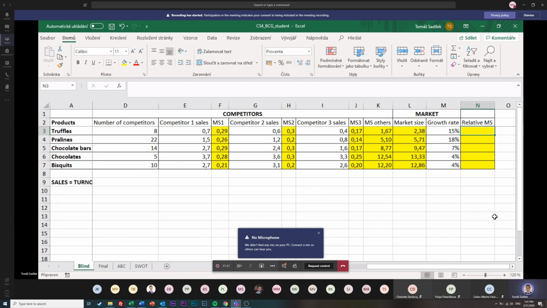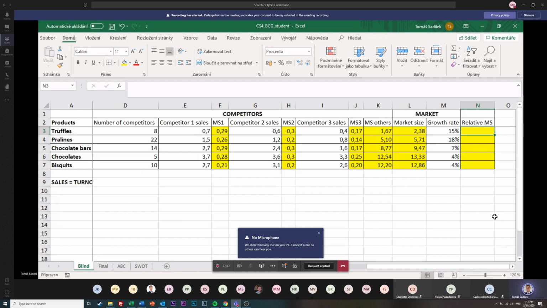Excuse me, can we double check column H? Because, for example, in column E, I'm sorry, we have 0.7 divided by 2.38, it gives us 0.29, and then in the column G we have 0.6 divided by the same number gives us okay, 1 second.